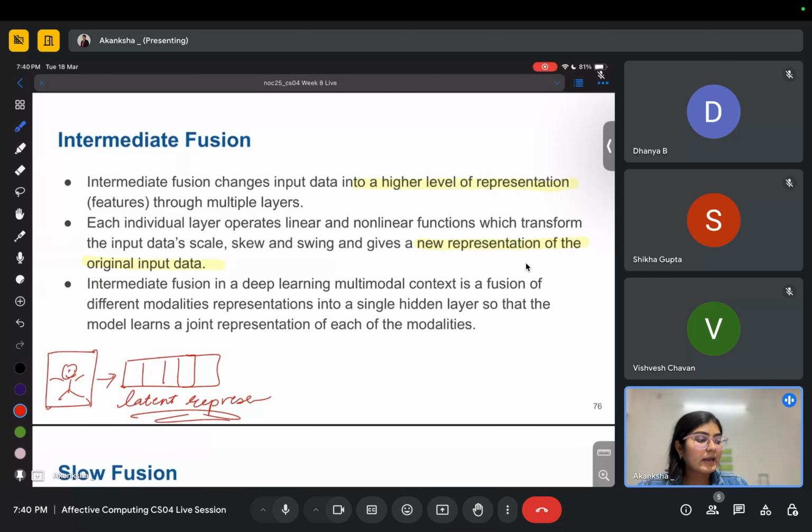Similarly, for another modality, let's say the audio, it also has some kind of representation, and then we are combining the latents with each other. We can add them, we can concatenate them, we can do anything. We can use attention mechanisms, so different techniques are available.